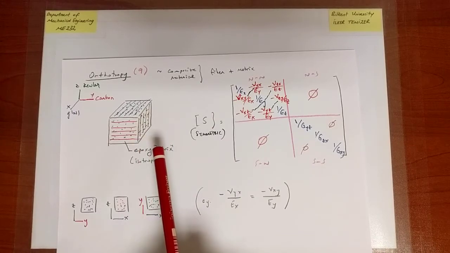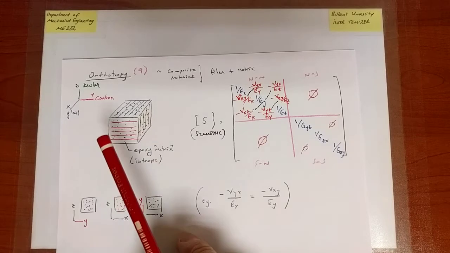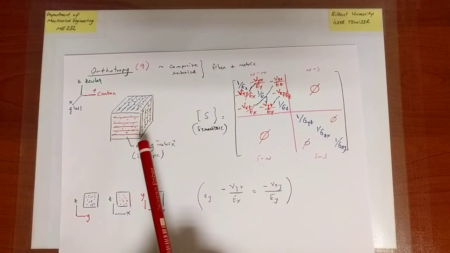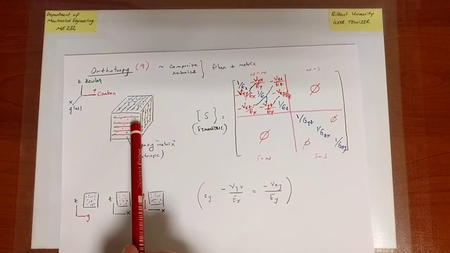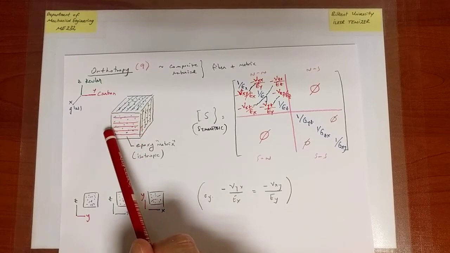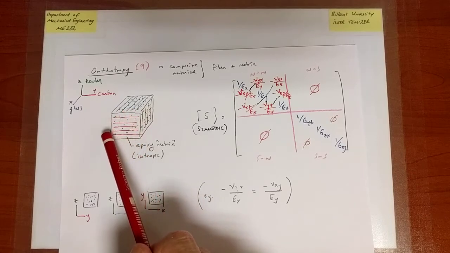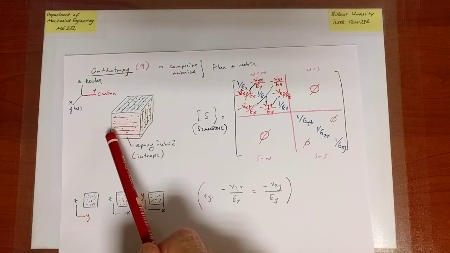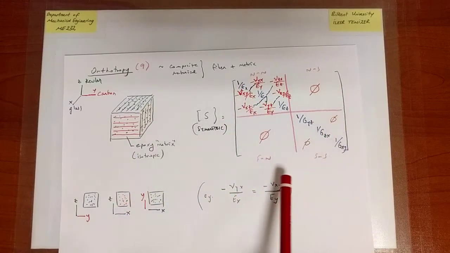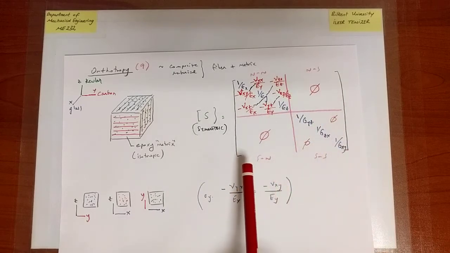We understand that it's not isotropic because if I pull along a fiber direction, the material is going to be strong, but if I pull along another direction, you can imagine that it's not going to be as strong. And in the context of elasticity, it's not going to be as stiff or compliant. So, it seems to have the form of an isotropic material, but it's not isotropic.